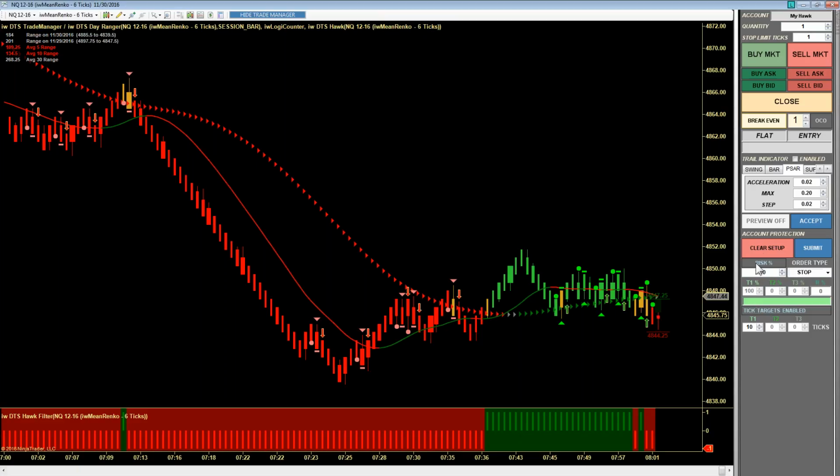Let's say, however, I wanted to split things up and maybe take a third off at target 1 and a third off at target 2 and leave the rest on as a runner. Let's say I'll make target 2 30 ticks. So I've got a third, and a third.